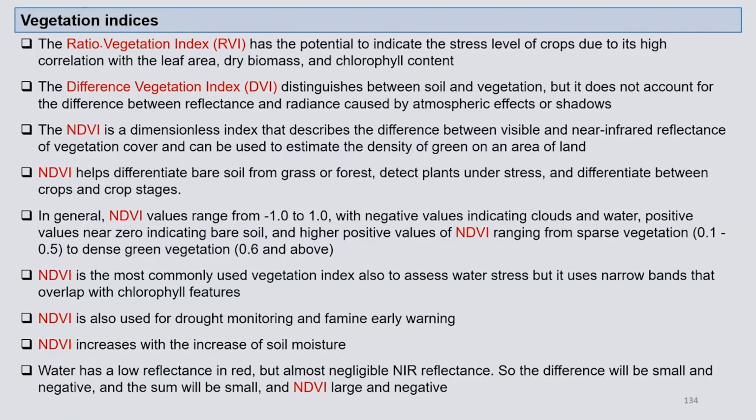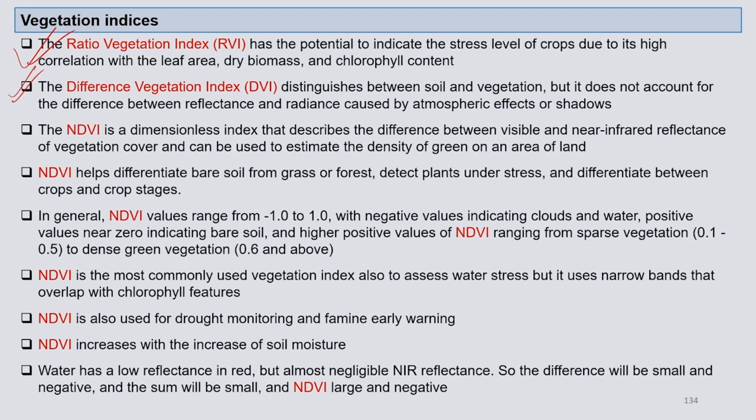Now, all these vegetation indices like RVI have the potential to indicate the stress level of crops, owing to their high correlation with leaf area, dry biomass and also chlorophyll content. RVI can give you some indication that in that corner of a field there is some problem, the plant is going through some stress. So, even without going into the field, you can tell that this is happening.